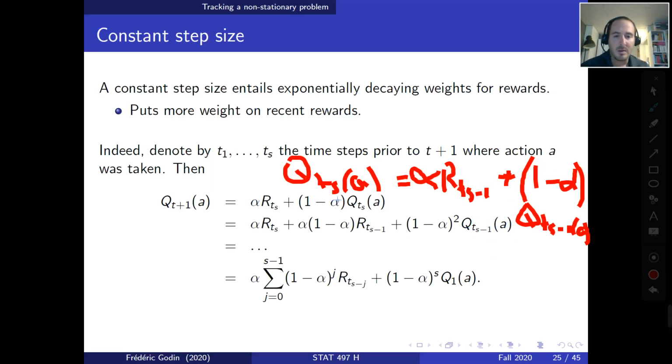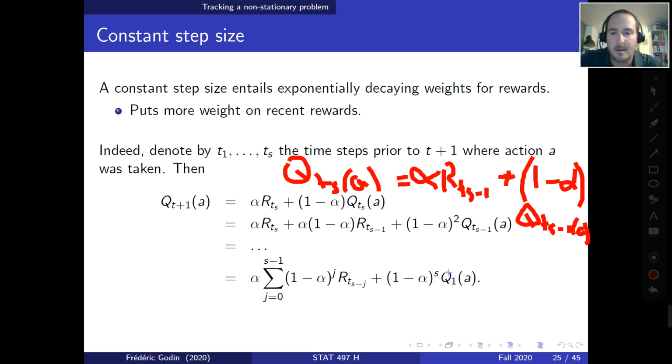For Q_ts-1, we can replace S by S minus 1 in this recursion to express it in terms of Q_ts-2, etc. And continue like that until we have the following equation, which is alpha times the sum across all previous steps where action A was taken, of 1 minus alpha to the power j times the previous rewards associated with action A, plus finally this trailing term, which ends up being Q1(a), the initial estimate associated with action A, times 1 minus alpha to the power S.